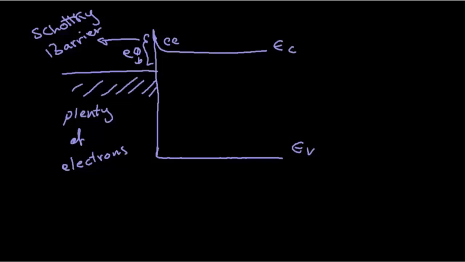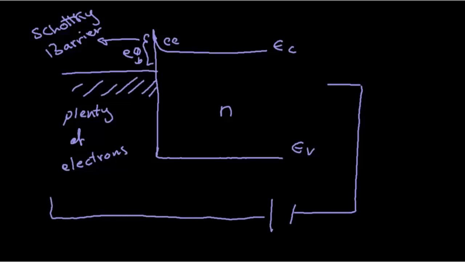However, if we connect this one to forward bias, of course this one is N, this energy will go up.